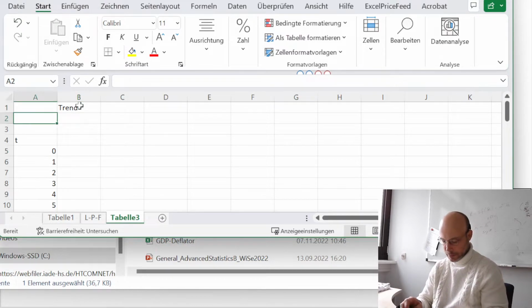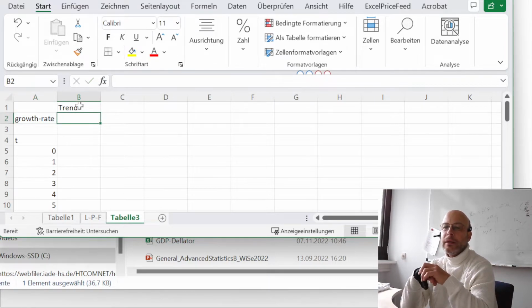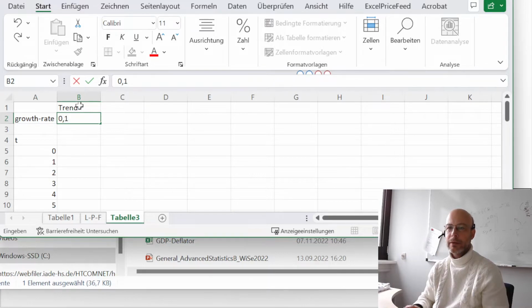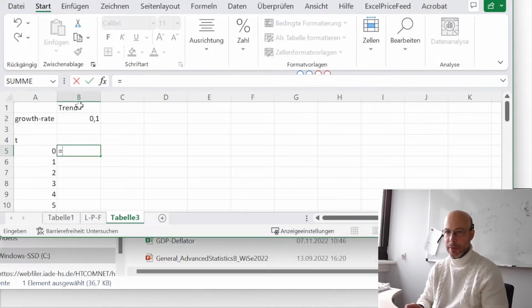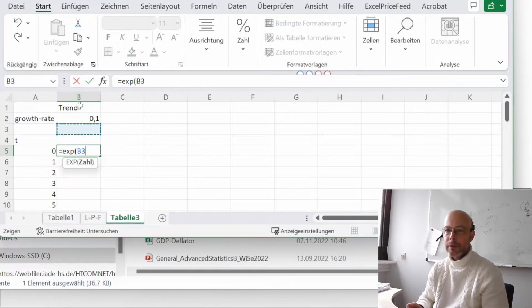Within here we would have our growth rate, and let's start with a growth rate of 0.1, and then, for example, we can use the form of an exponential function of growth rate times time.